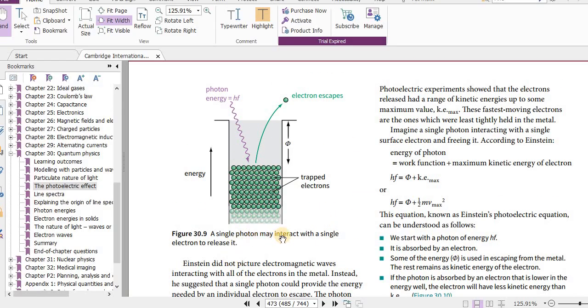A single photon may interact with a single electron to release it. Now this is also important. Two photons can't remove one electron. One photon can't remove two electrons. It's always one photon for one electron. So a single photon may interact with a single electron to release it.